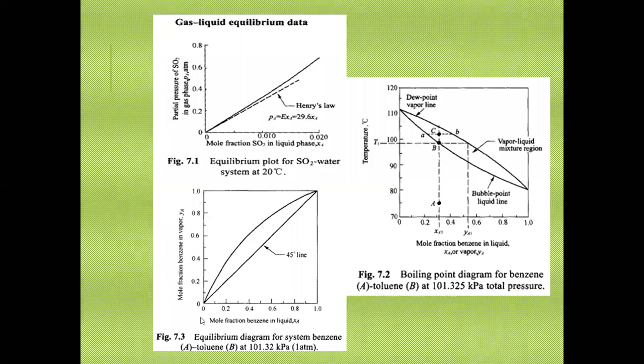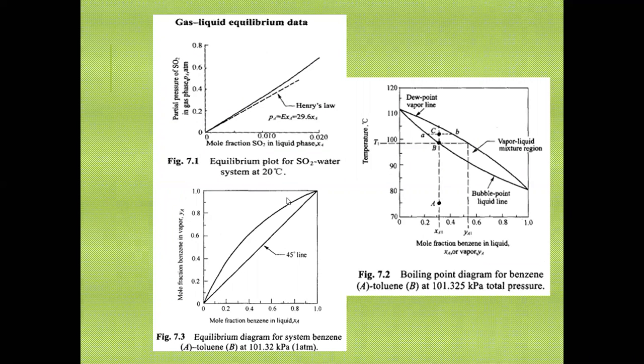On the horizontal axis, you have the mole fraction of benzene in the liquid phase, and on the vertical axis, the mole fraction of benzene in the gas or vapor phase. The relationship between XA and YA is curved. It's not linear as depicted in Raoult's law, whose equation is linear.